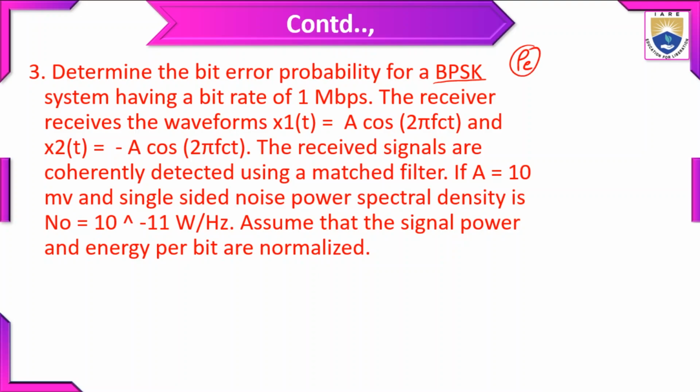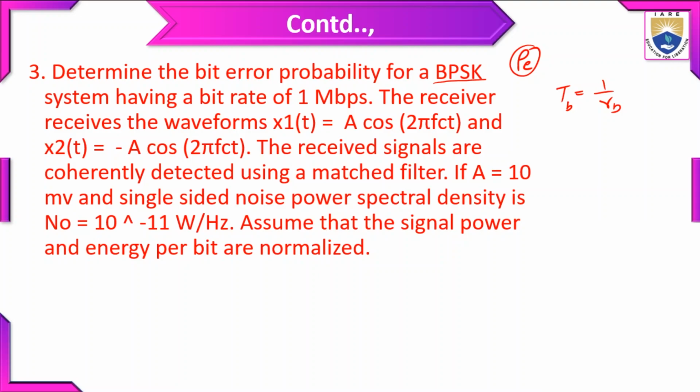They gave the bit rate: RB is equal to 1 megabits per second. We have a relation between time and bit rate, that is 1 by RB, so from RB you get TB, the bit duration. That is the given data.